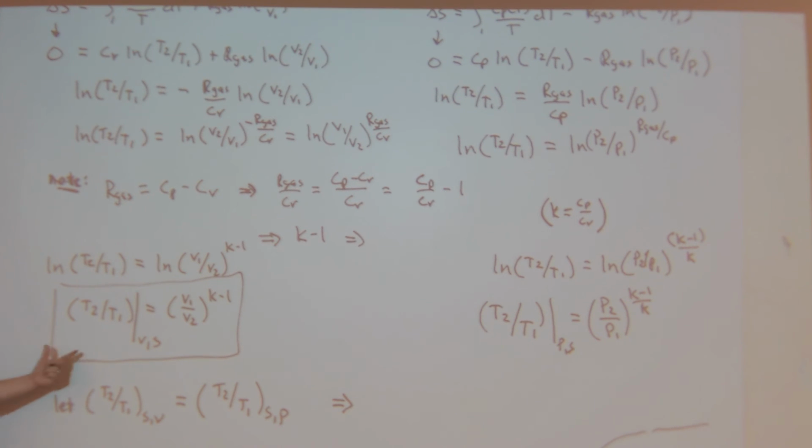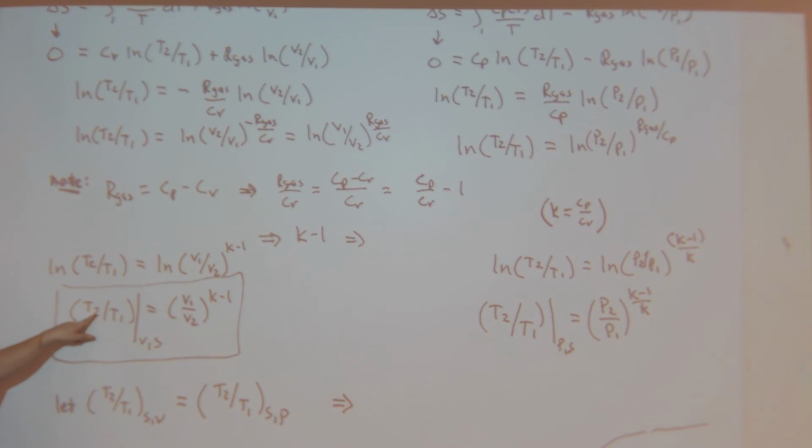So you notice now I have this expression which relates two temperatures of my ideal gas that undergoes an isentropic process with constant specific heats. So I look at it at constant volume. So I could always rearrange this and look at the final. I could just multiply by T1, both sides.